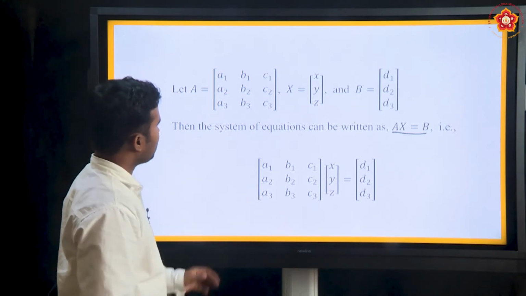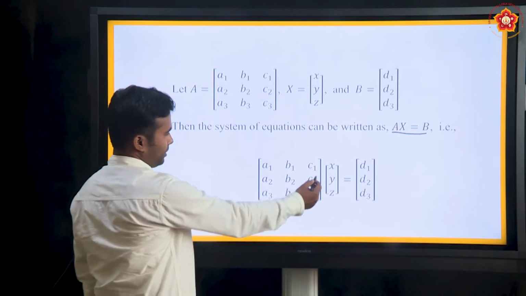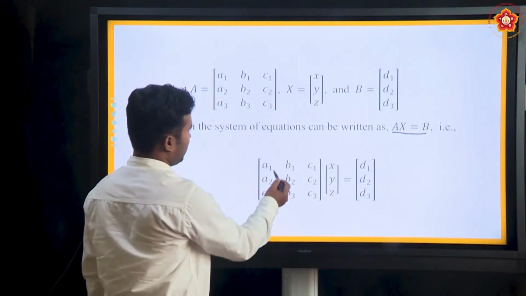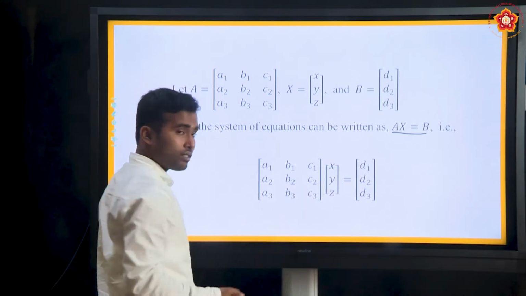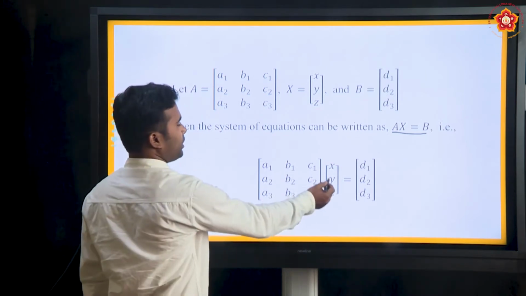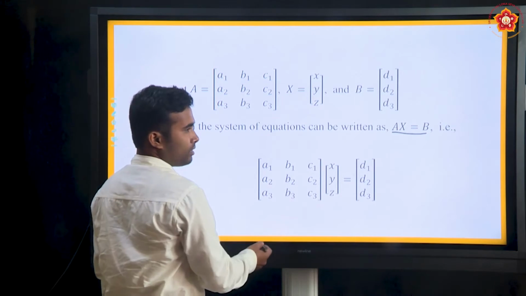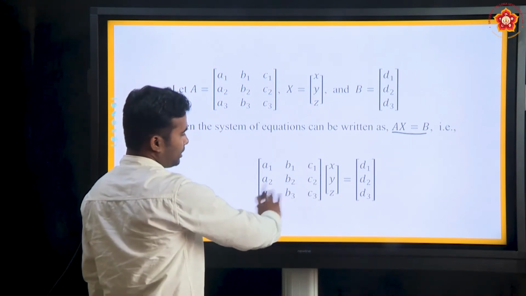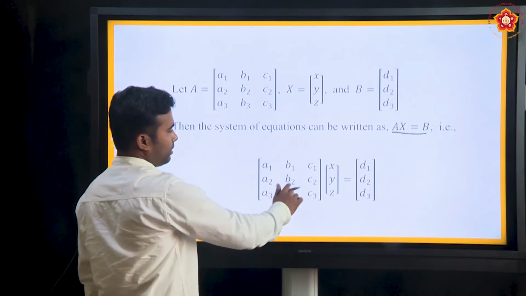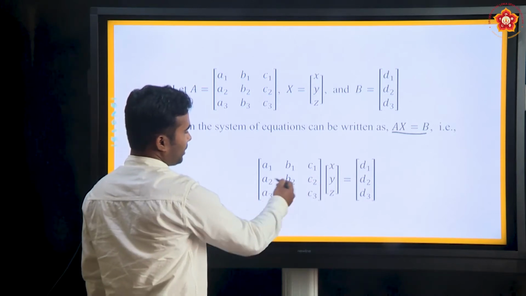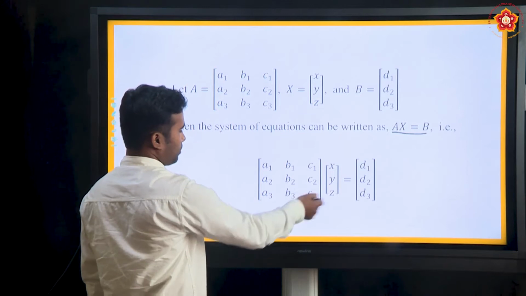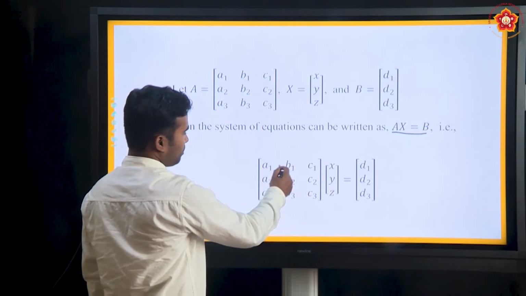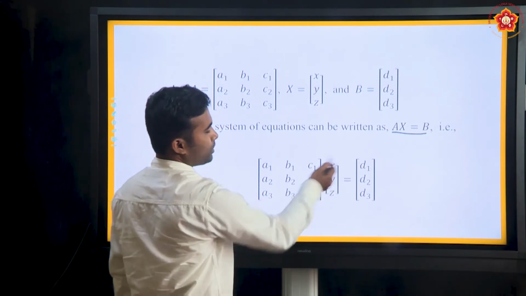And here what you can see is, if you multiply this, you will get back to the linear system of equations itself. If you multiply A1 into x plus B1 into y plus C1 into z, that gives the first row of this matrix. And similarly, you multiply the second row with the first column, the third row with the first column, and you will get A1x plus B1y plus C1z is equal to D1, something like that.